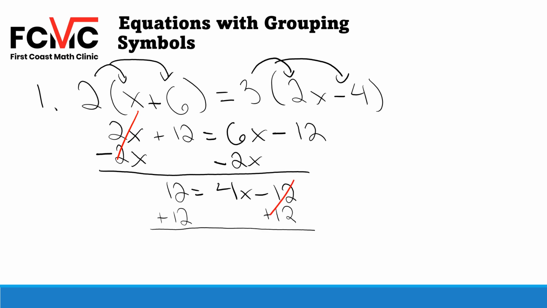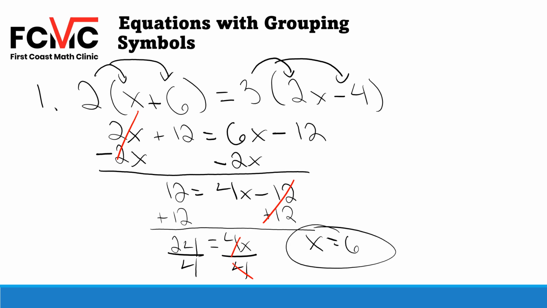So the 12 cancels out on the right. I get 4x equals 24. Then divide by 4, divide by 4. 4 cancels out and cancels out, and I get x equals 6. So my answer should be x equals 6.